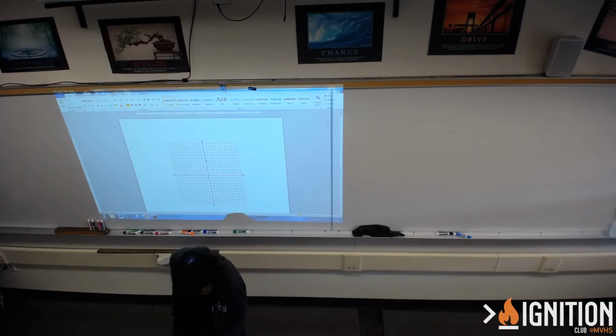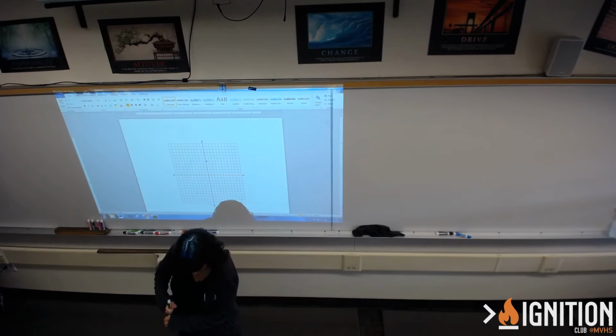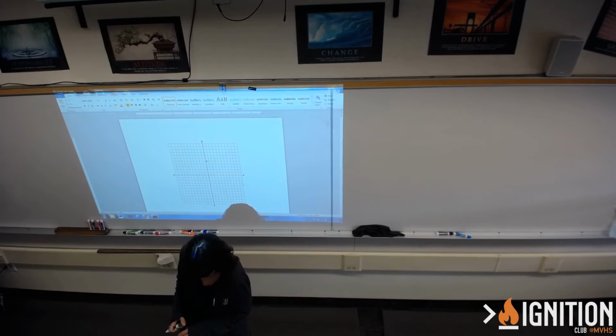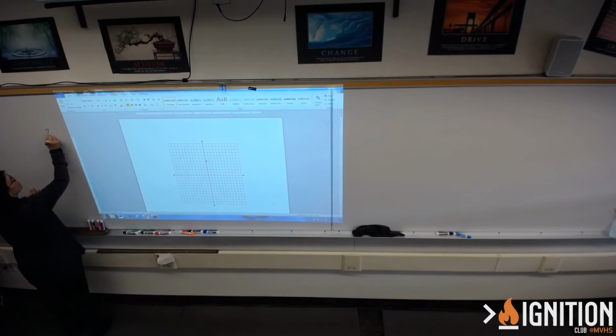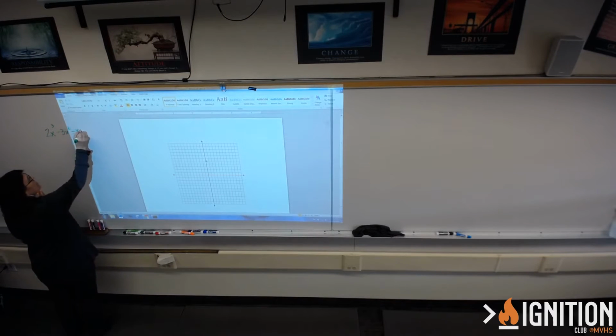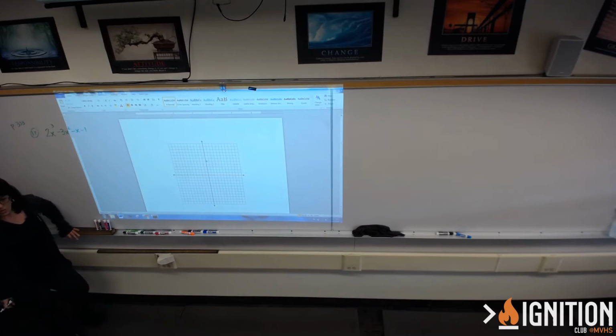Okay, 2x cubed, 3x squared minus x minus 1. Okay, so first thing you should always try before you go into P over Q is grouping.